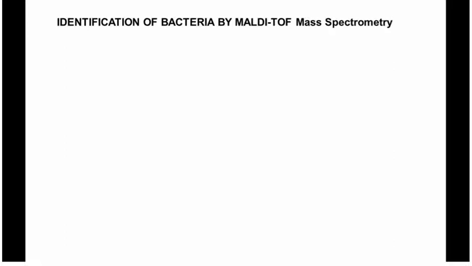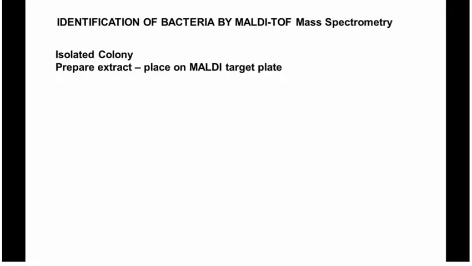So that's the classical approach to identifying bacteria in the lab. That's what you're going to do in the lab class. It's what probably was done in a clinical microbiology lab until maybe 10 years ago. Well, not just that.